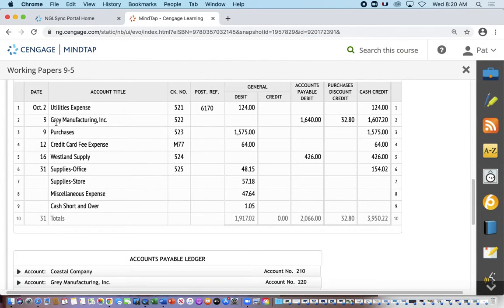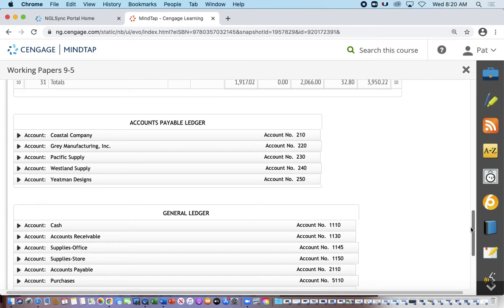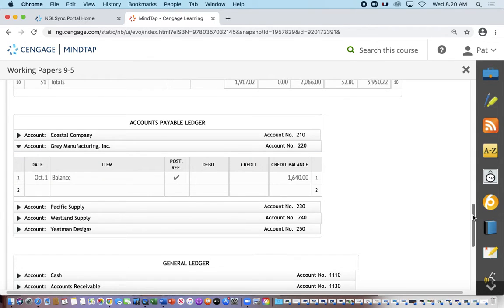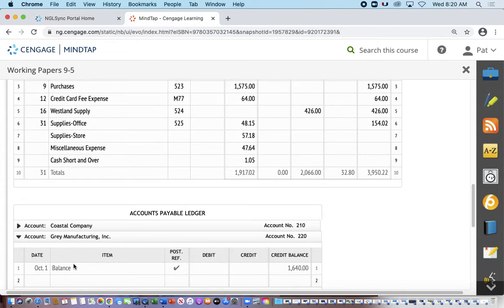Second one, it says Gray Manufacturing, October 3rd, and it's for 1,640. So we got to go down here to Gray Manufacturing. We're going to put October 3rd, page 10. And this is accounts payable debit. We're paying off the bill.